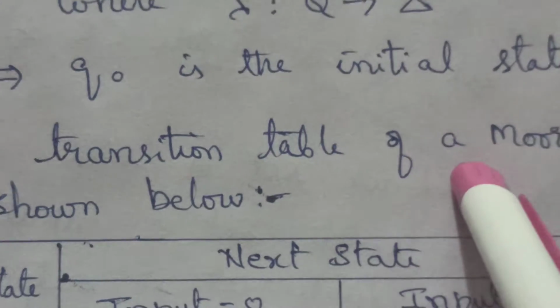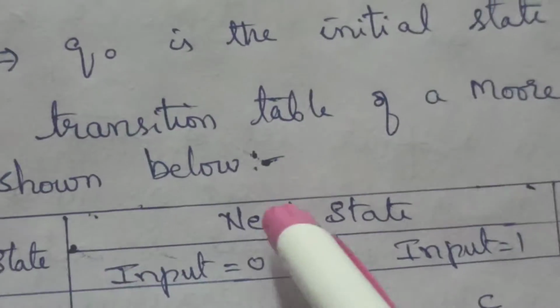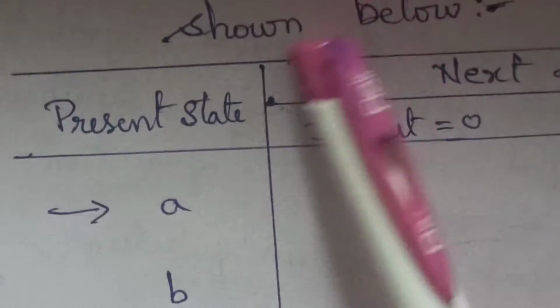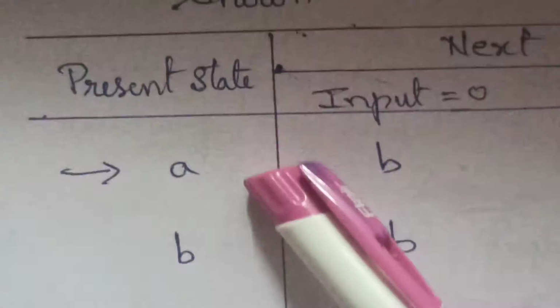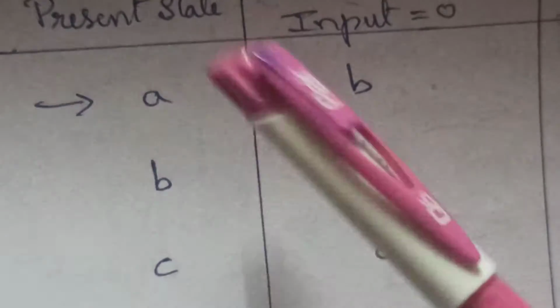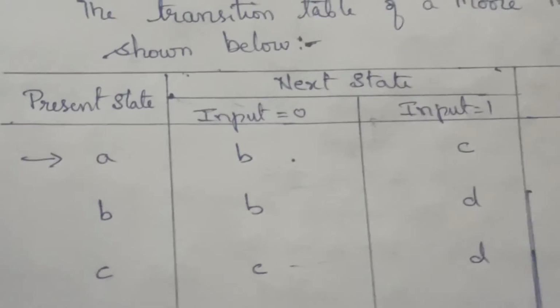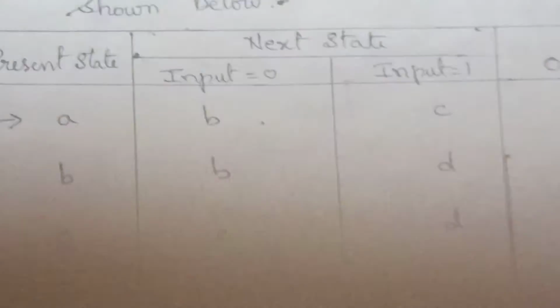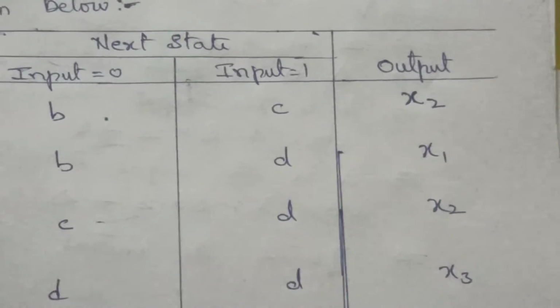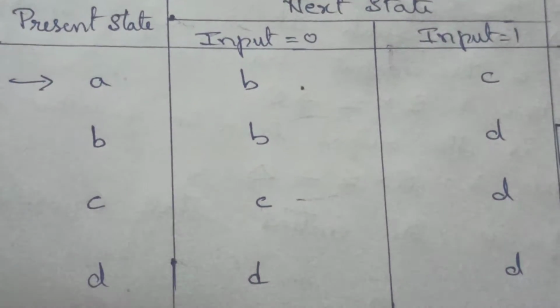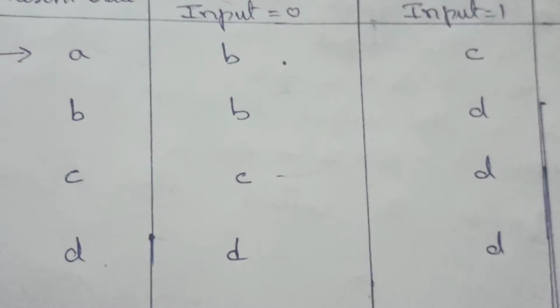So the transition table of a Moore machine is given below. You can see here, this is the transition table. Here the states are given as A, B, C and D. This table consists of present state, next state and output. In the present state we have written all the states.